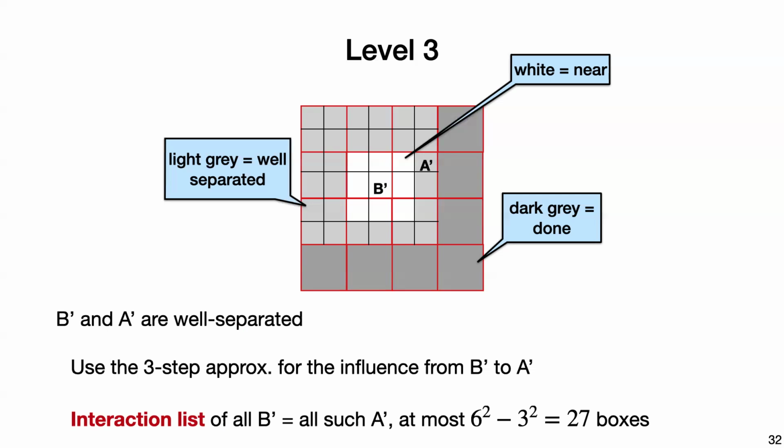And the way that we're going to try to prove the linear time is by making some argument about the interaction list, which is the number of new boxes that are at every level. And the interaction list is constant. It's always at most 36 minus 9. Because there's 9 around you, and you get 36 new ones.